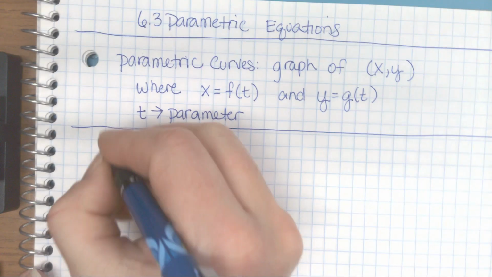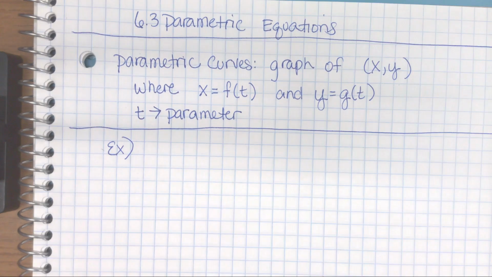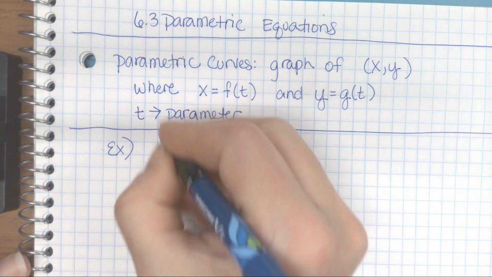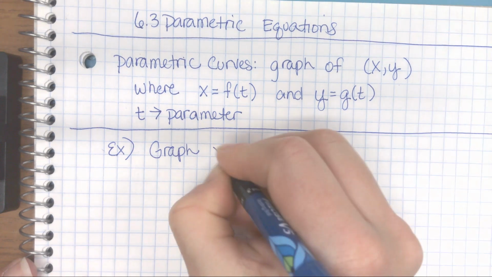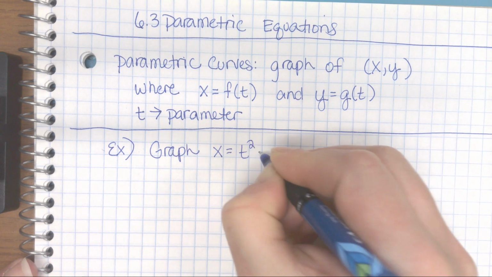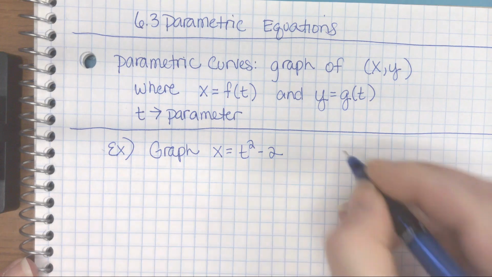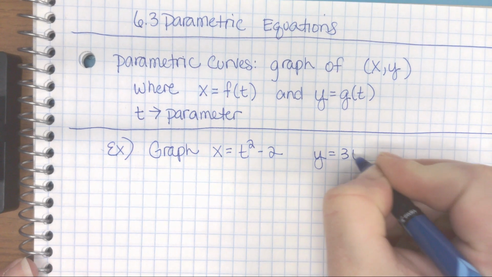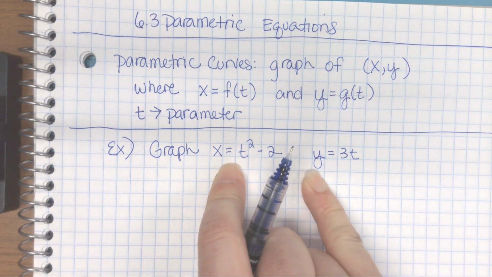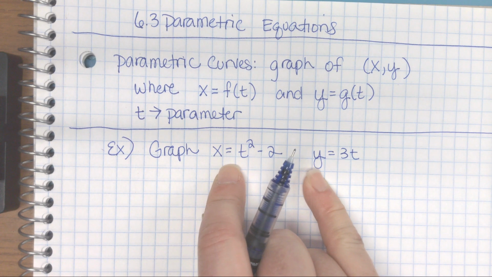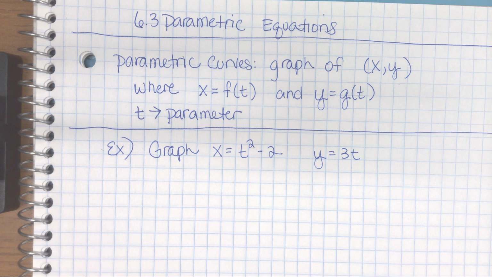So we're going to graph some by hand. I'm going to also show you how you can get to parametric mode on your graphing calculator. So if I told you to graph x equals t squared minus 2 and y equals 3t, this x and y just represents an ordered pair. But obviously, it's not like before where I plug in the x to find the y.